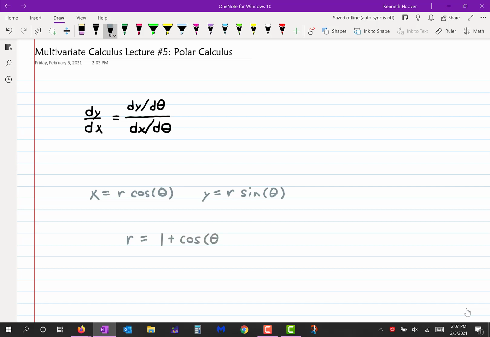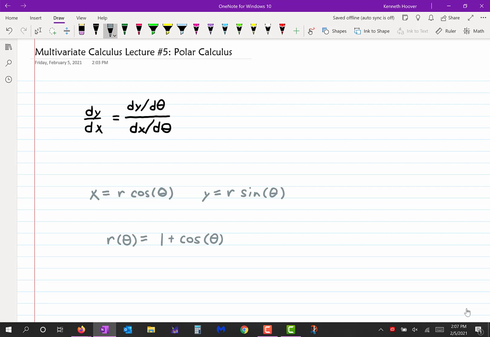In other words, you need to remember that theta is usually your independent variable and r is your dependent variable. So r is a function of theta. When I say r equals 1 plus cosine theta, I could actually, if I wanted to, write r of theta.